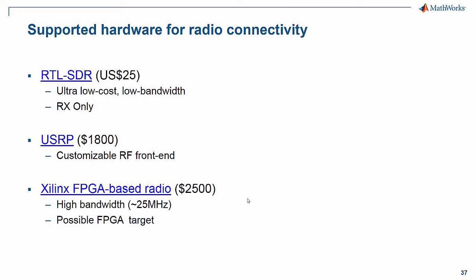If you just want to use an SDR for reception, you can make use of the RTL-SDR, which is ultra low cost, about 25 US dollars. The USRP, which is what I have, is slightly on the higher side, about 1800 bucks per board. And there's also the Xilinx FPGA-based radio, which is a little more expensive, about 2.5 grand.